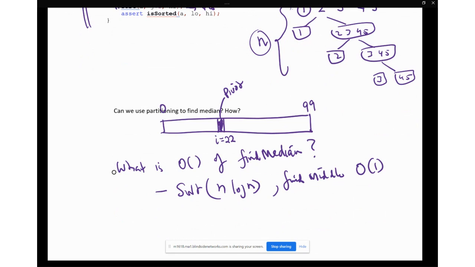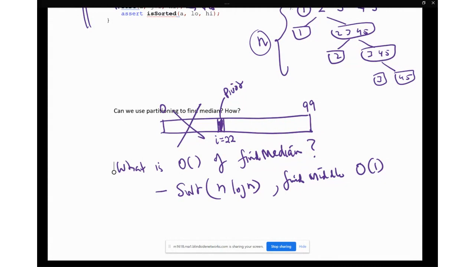The median has to be somewhere else, it couldn't be there, because those elements are all up to index 22. The median is the 50th element, or whatever the middle element is.